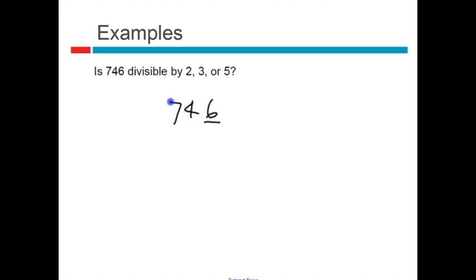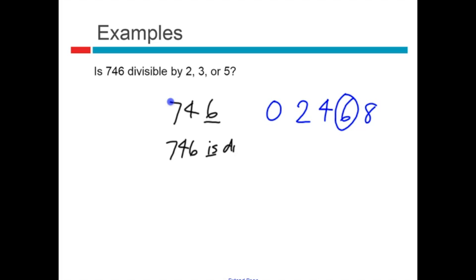Is 6 either a 0, a 2, a 4, a 6, or an 8? Well, it's a 6. 746 ends in an even number. So what we can say is that 746 is divisible by 2.